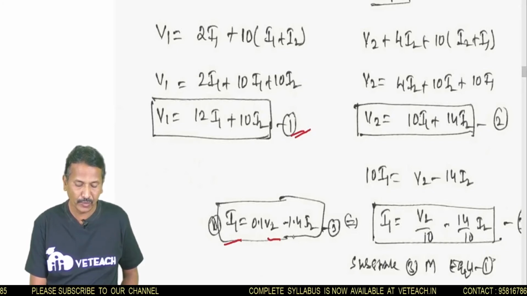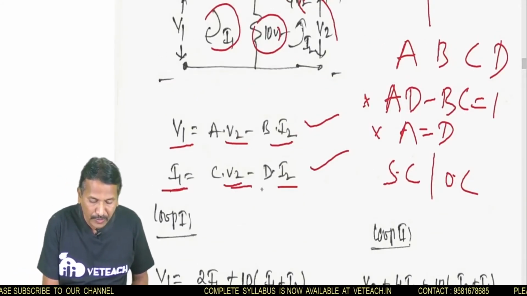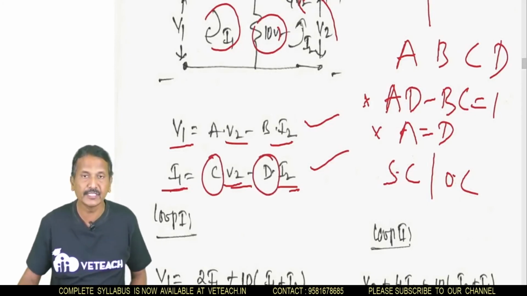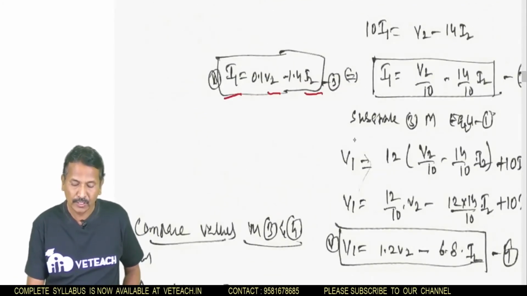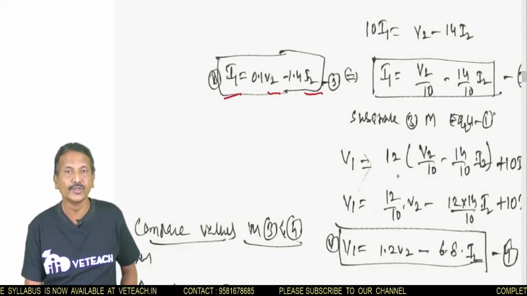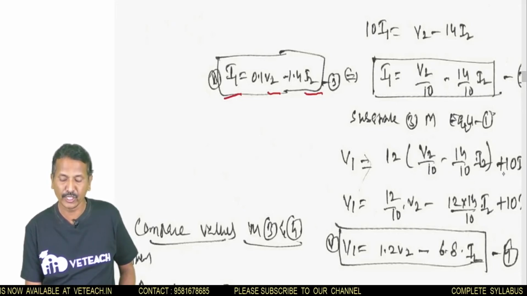I1 is there, V2 is there, I2 is there. So whatever the values are there, those we can say are C as well as D. Now substitute this equation in 1, that is V1 is equal to 12 into V2 by 10 minus 14 by 10 into I2 plus 10 I1.